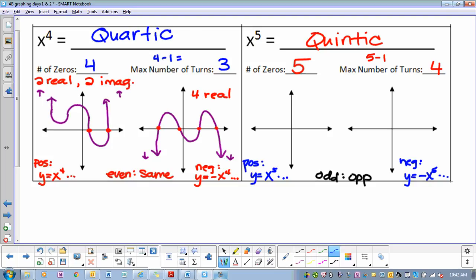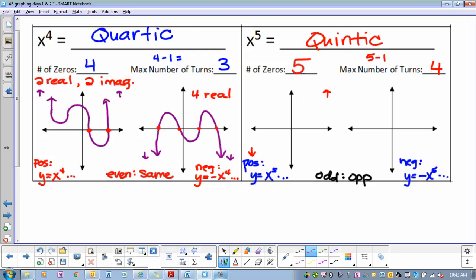All right. So if it's positive, it means that my right arm is going up. But Sabrina told us that this is an odd function, so what is my left arm doing? Down. How many turns does this have? 4.